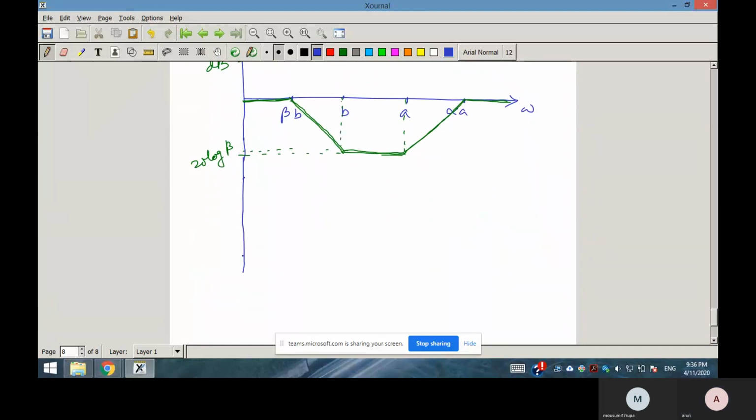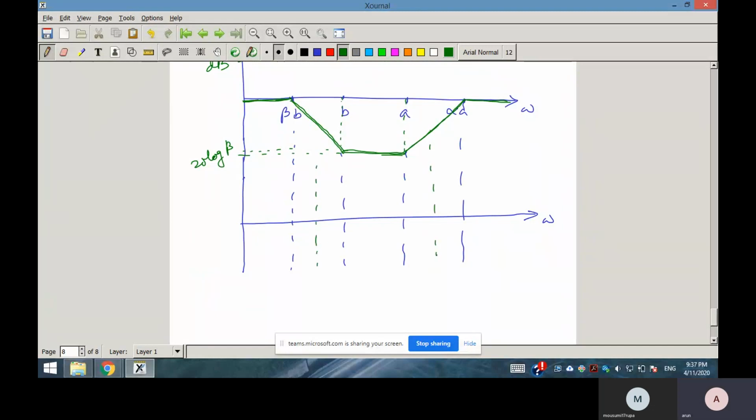Now, what is the phase plot? The phase plot is interesting. It will be like this: first lag, so the lag peak will occur somewhere here, and here also somewhere.